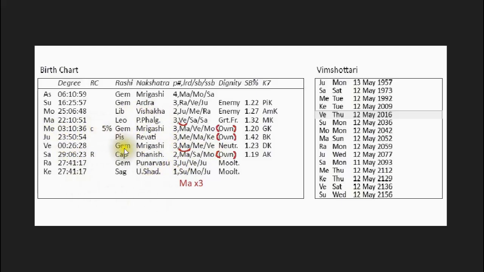My point is that these are 3 of the longest running dashas in the Vimshottari dasha system. Therefore, they're also long running bhuktis, no matter what dasha they appear in. So that may be informative to our analysis as well.